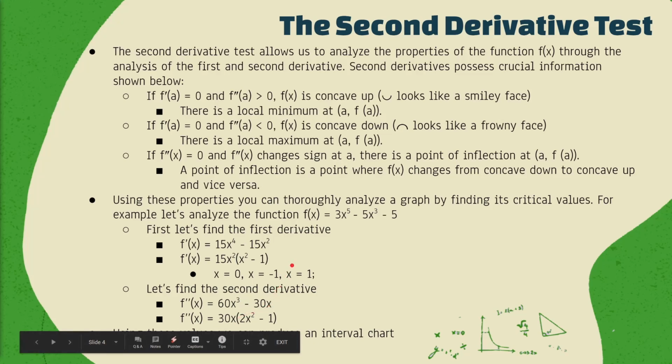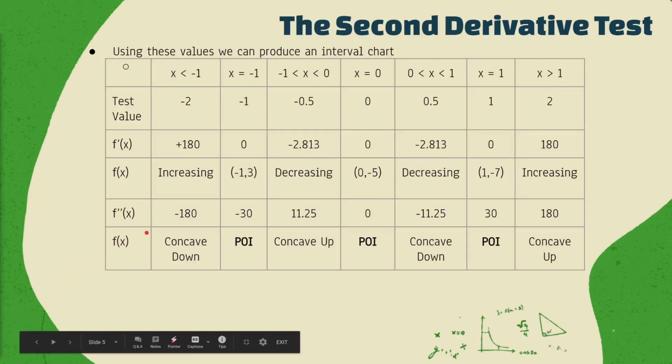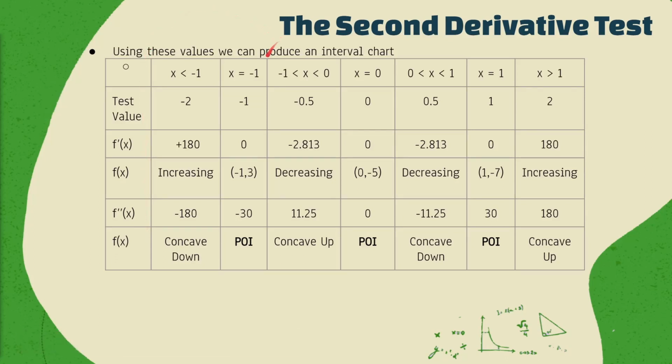Now, using the points that we found previously over here, we could construct an interval chart. So the interval chart looks something like this. You have the points that we found previously, so negative 1, 0, and 1, but we also have the intervals in between them.